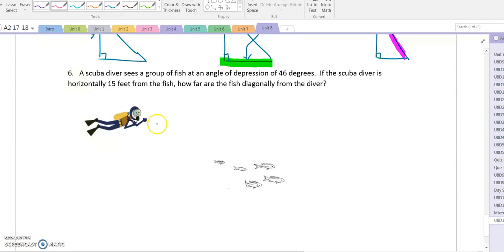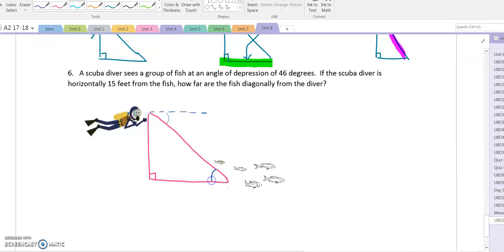So I'm going to turn this picture into kind of a right triangle here. And it could have gone a few different ways, but I always like to keep my horizontal side on the bottom, so it looks the same every time. All right, it says angle of depression is 46 degrees. Remember, technically that's up here, but what good is an angle if it's not in our triangle?